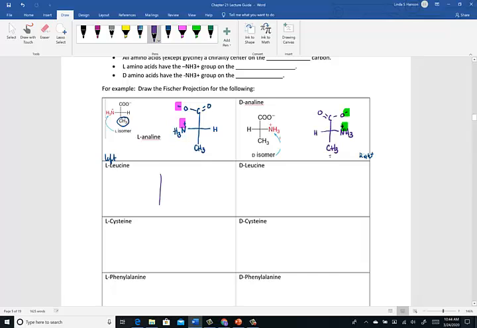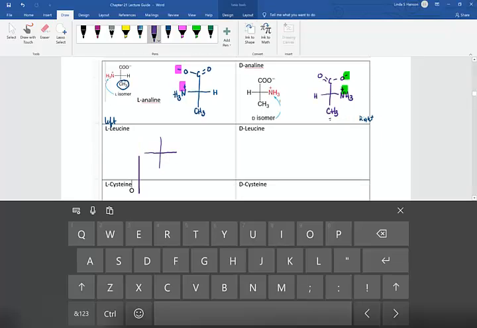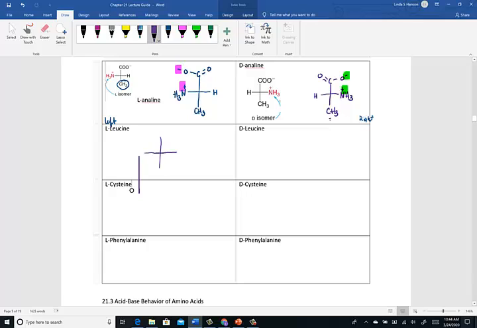I'm going to draw the chiral center in the center of my cross. On the L enantiomer, I have the amine group protonated over here, NH3+, and now the H will be to the right. To make it leucine, do you remember how we looked up the R group?